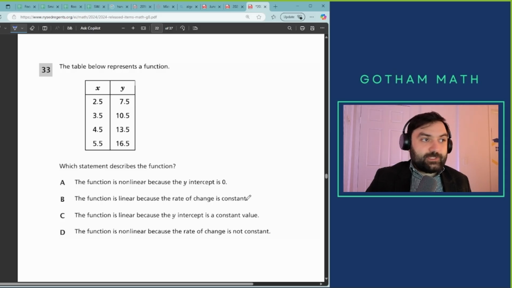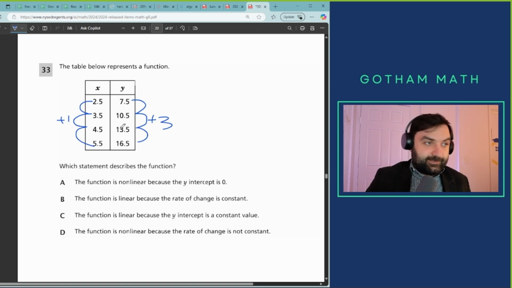The question is, is the rate of change constant? Let's check that. The easiest way to check it is to see the change in x and the change in y. So the change in x, over here, we can clearly see that it's plus 1. What is the change in y? It's going to be plus 3, plus 3, plus 3.